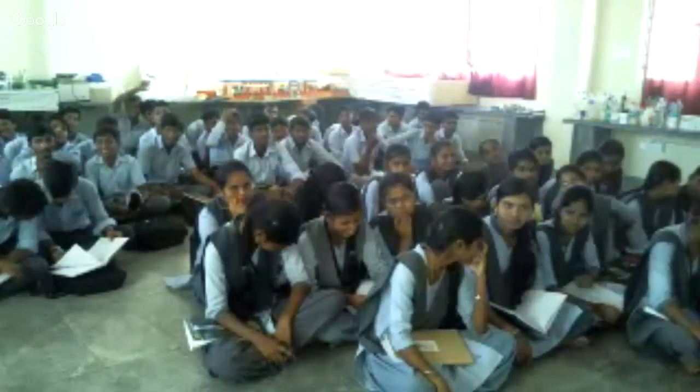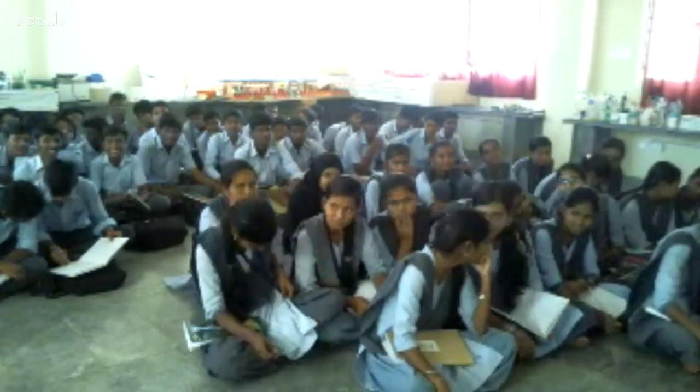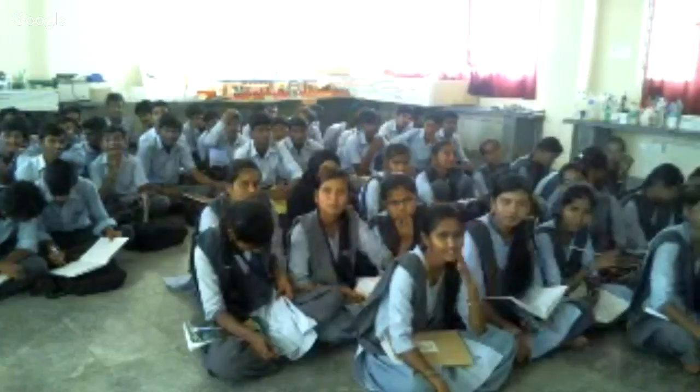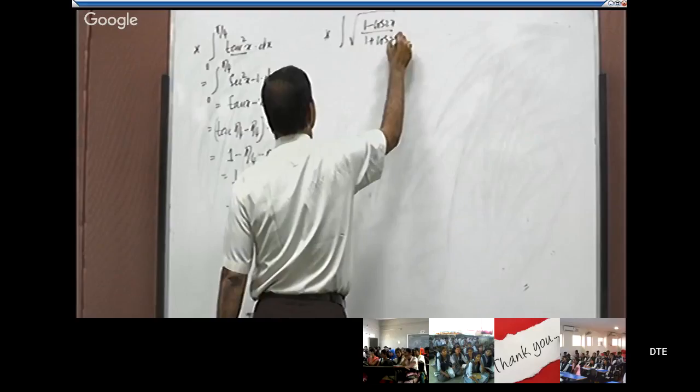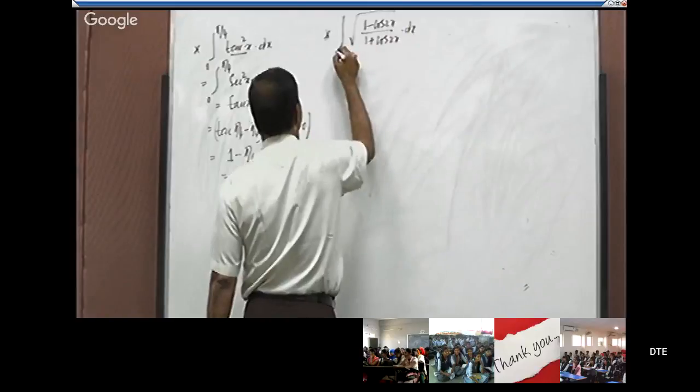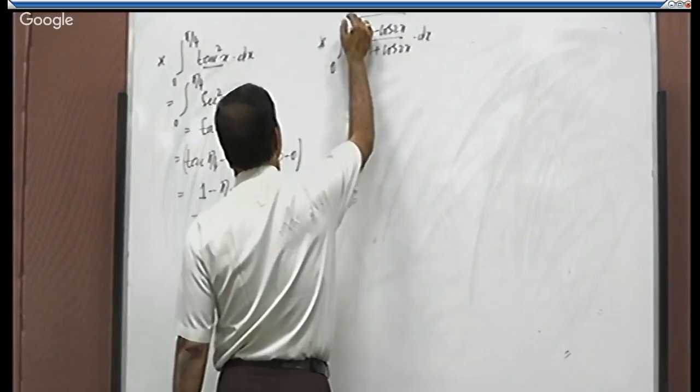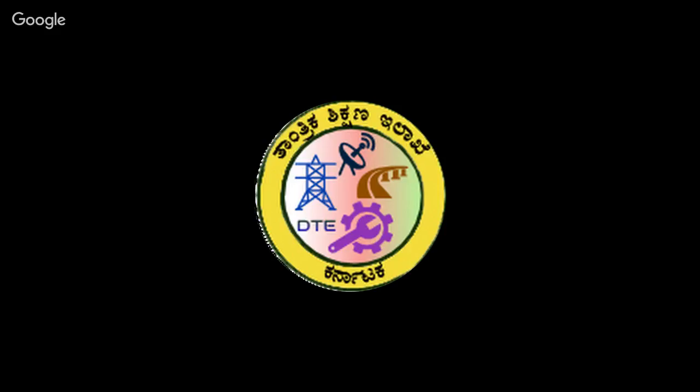Integration of root of 1 minus cos 2x divided by 1 plus cos 2x into dx, from 0 to pi by 4. If 1 minus cos 2x and 1 plus cos 2x are given, they are to be changed into what?